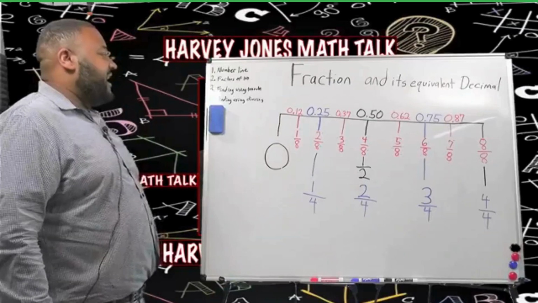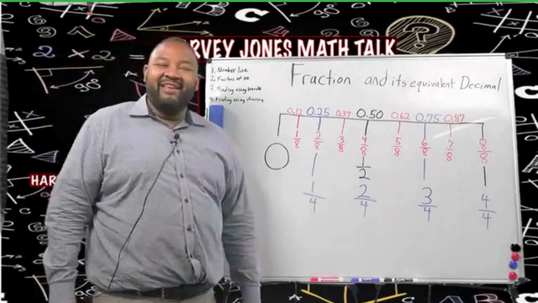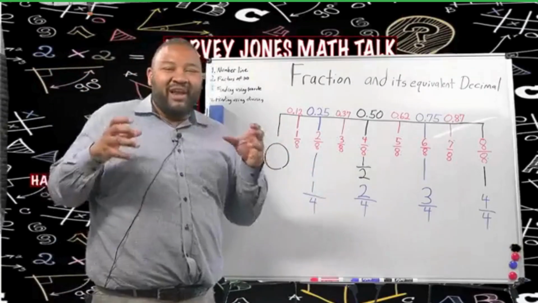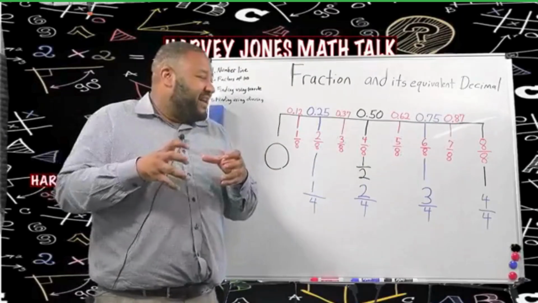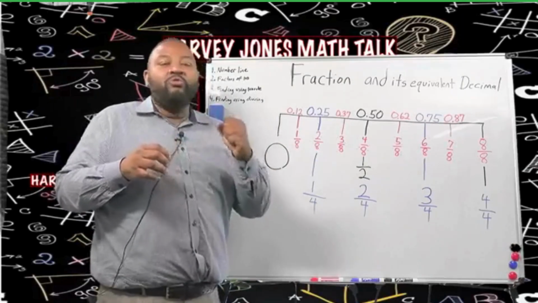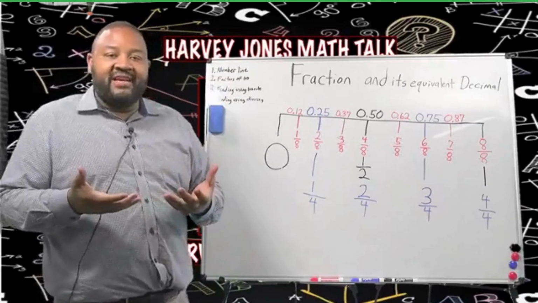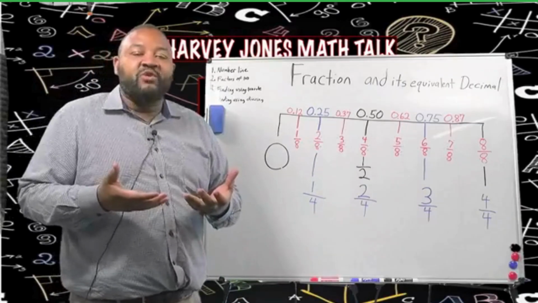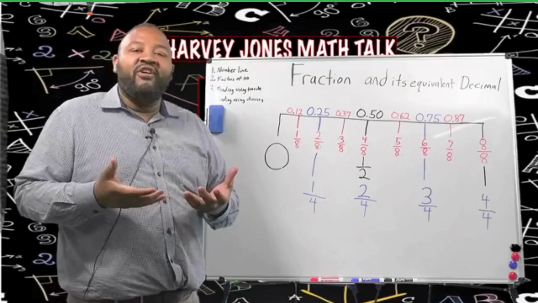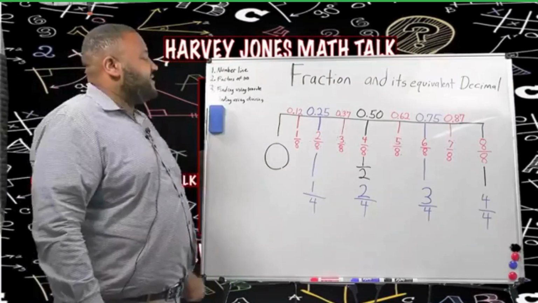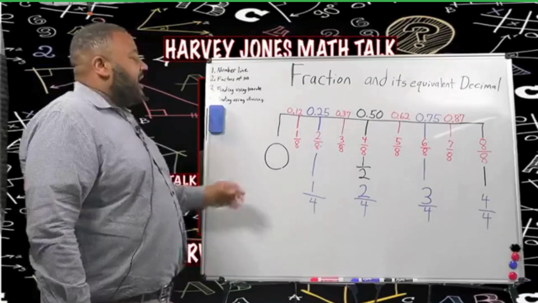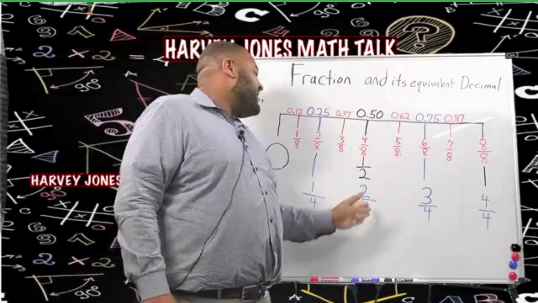Once again, we're talking about the numbers that are in between. If you have a whole candy bar and you break it up, you're going to have pieces. We're talking about pieces of the whole. Next, I want to talk about the piece in the middle.